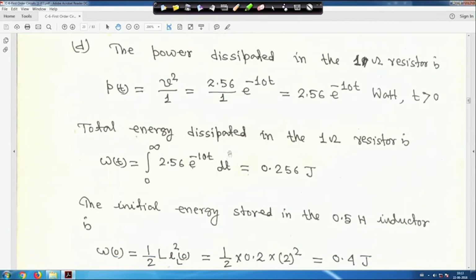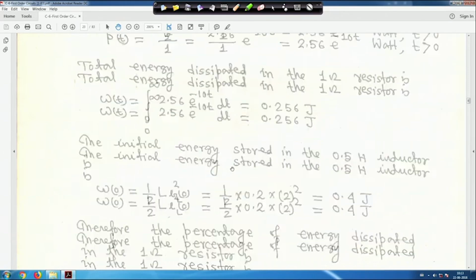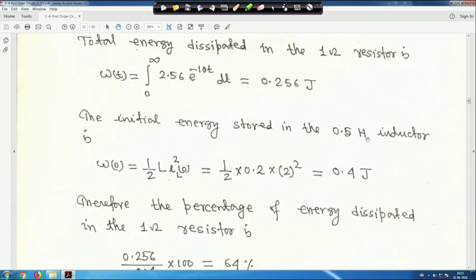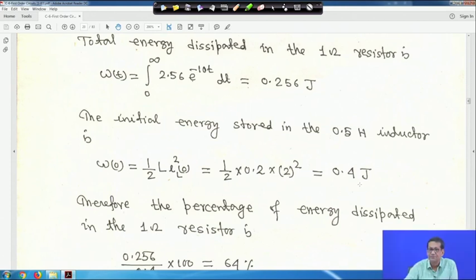So the total energy dissipated in the 1 ohm resistor is W t equal to the integral from 0 to infinity of 2.56 e to the power minus 10 t dt. If you integrate, you will get 0.256 joule, right. The initial energy stored in the 0.2 Henry inductor is half L I0 square, so half into 0.2 Henry into the initial value 2 ampere squared, that is 0.4 joule, right.